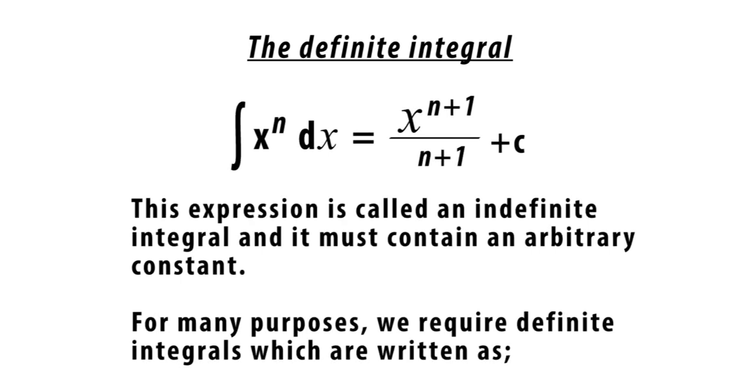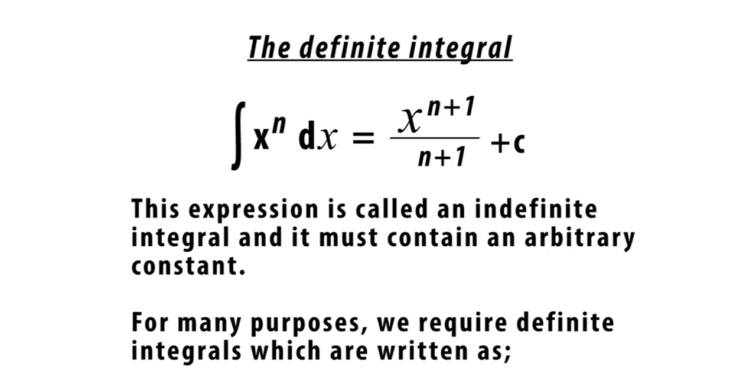It has been shown already that the integral of x to the exponent n dx is equal to x to the exponent n plus 1 divided by n plus 1 plus c. That is in its indefinite form. This expression is called an indefinite integral, and it must contain the arbitrary constant, in this case c.